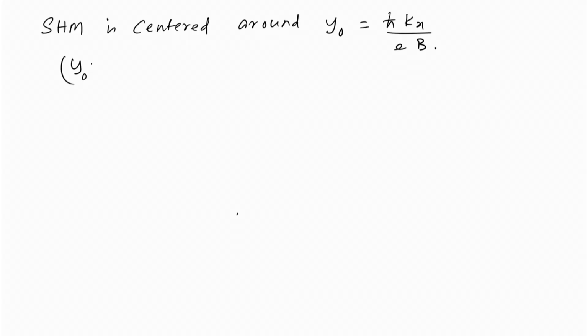The sample has a particular length in the y direction, say L. So, y 0 max can at the most be L. It is centered about 0, that is the minimum position for y 0, and the maximum position for y 0 is the sample length in the y direction, and that is equal to, if you take this n x max to be E B L.